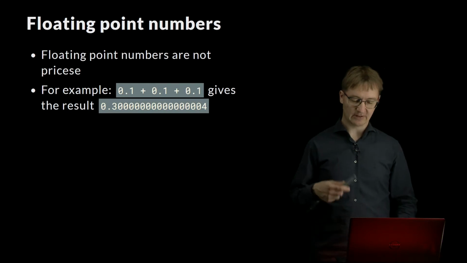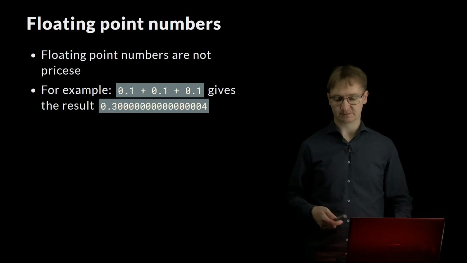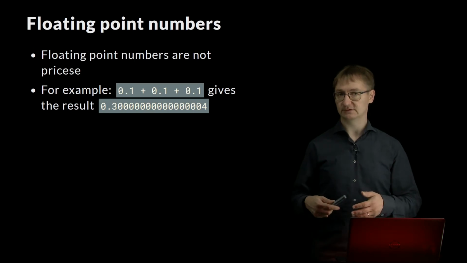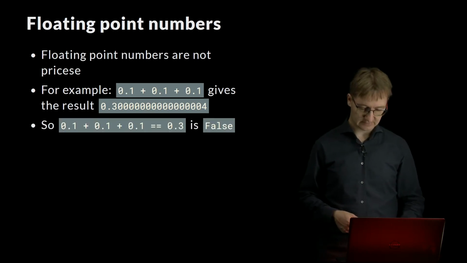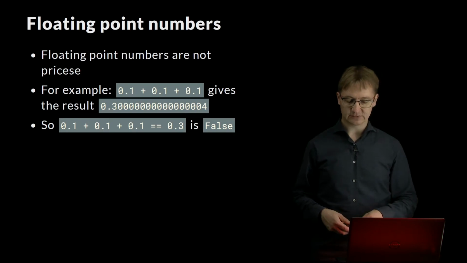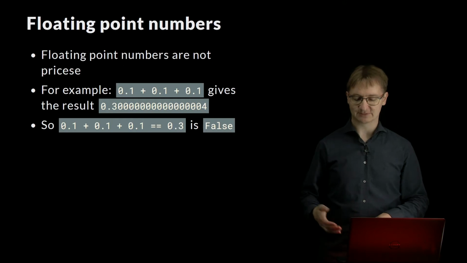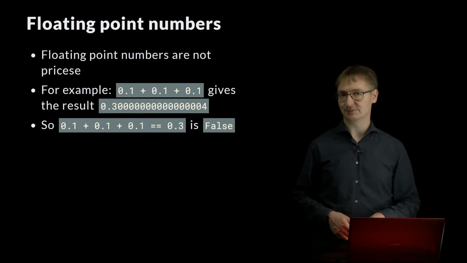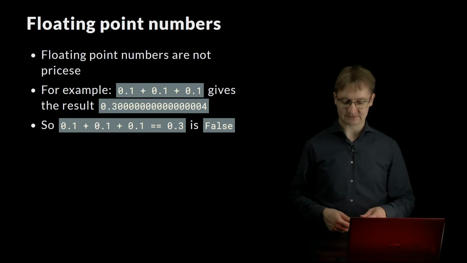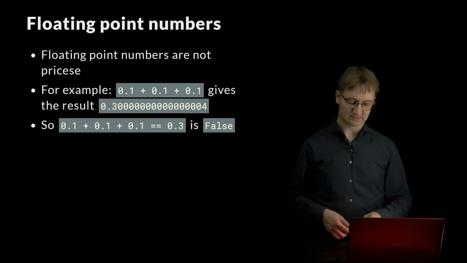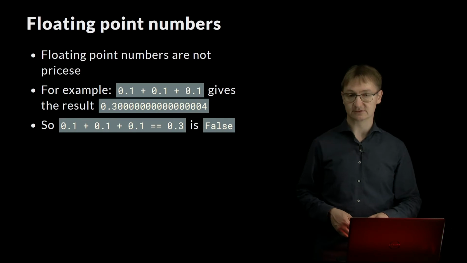So you have to be careful if you use floating point numbers, especially if you want the results to be precise. And also if you want to compare whether 0.1 plus 0.1 plus 0.1 is the same as 0.3, then the result is false, because they are not the same. They have a very small difference, but still this comparison returns false.